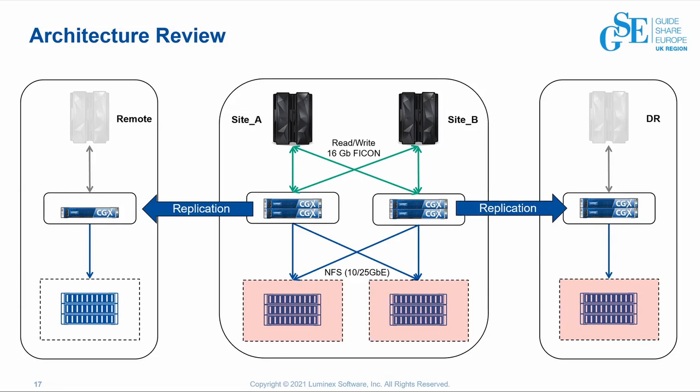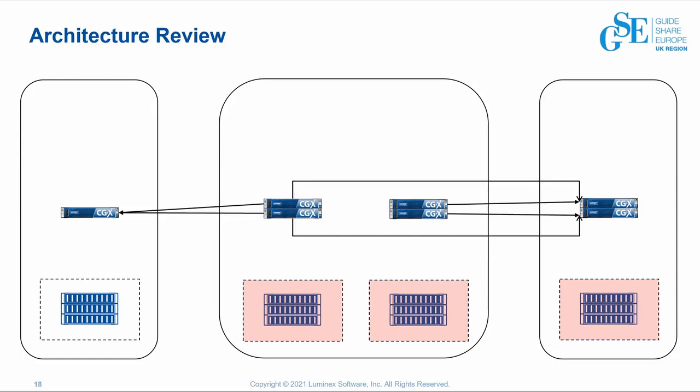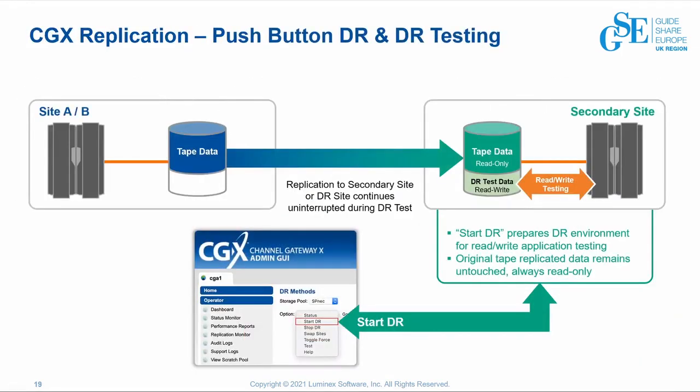A couple of other benefits. By using CGX to CGX replication, we can enable it as any source, any target. So replication to the DR site comes out of site A and site B, and all the CGX in the solution to maintain the copy at the DR site, in addition to the copy at the remote site. On top of the service for the replication, of course, it allows us to exploit the capability of our own services for DR and DR testing.